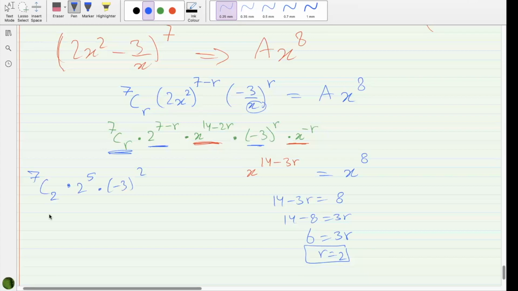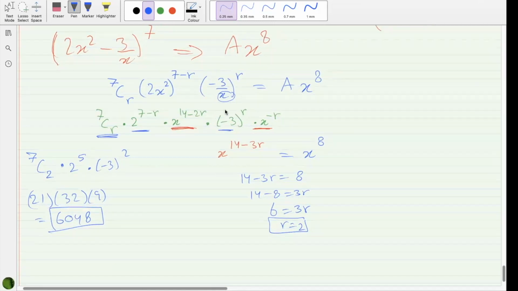So 7c2 is 21, times 2 power 5 is 32, times 9. So 21 times 32 times 9 is 6048. So the coefficient of x raised to power 8 is 6048.